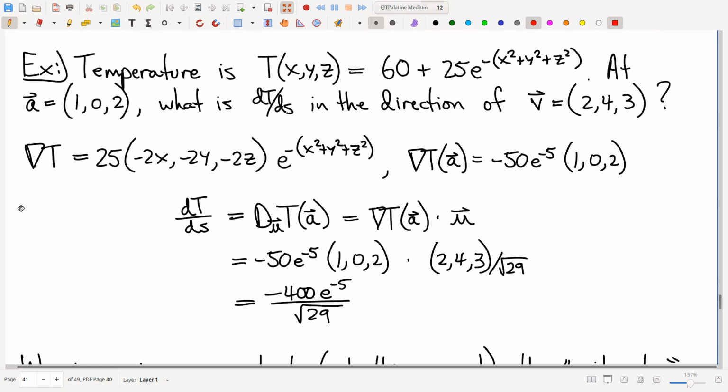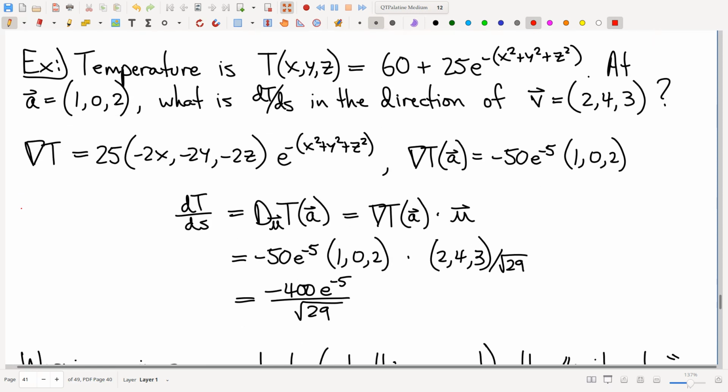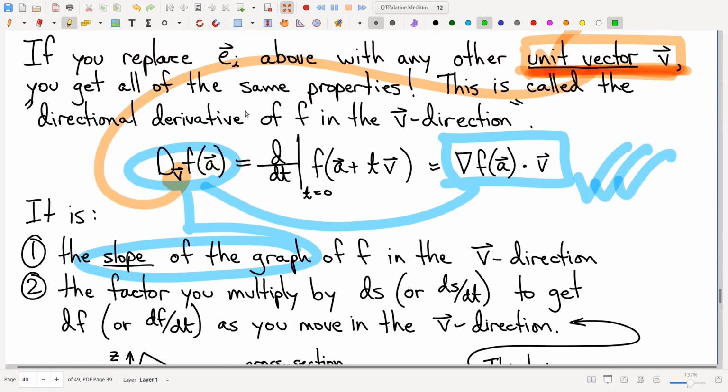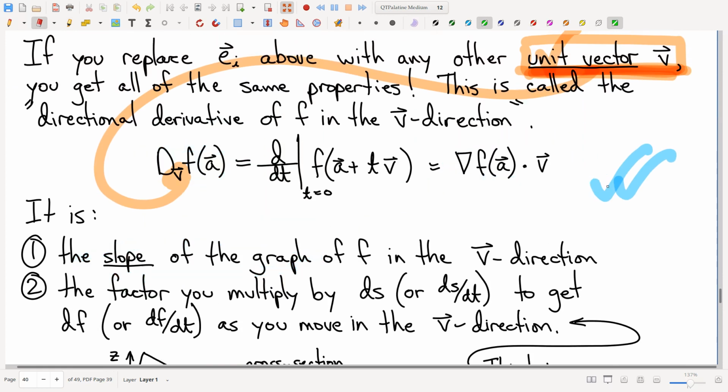Another example, and this one's very, very analogous. It is a little bit different. This says certain particulars having been given. What is DTDS? Okay, well, what is DTDS? Let's go back to up here. Excuse me. I want to compute DTDS.